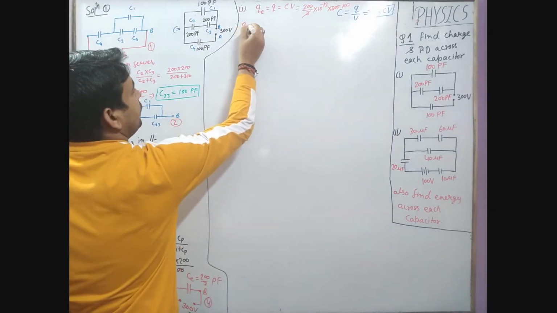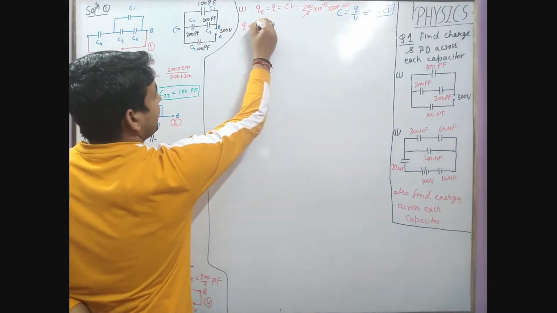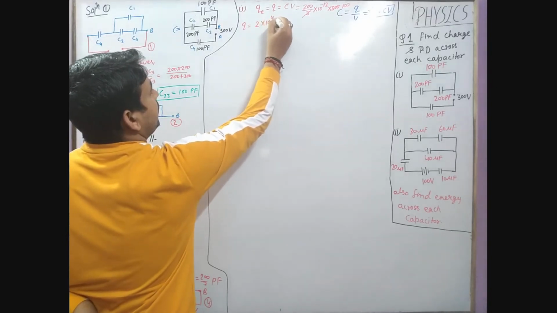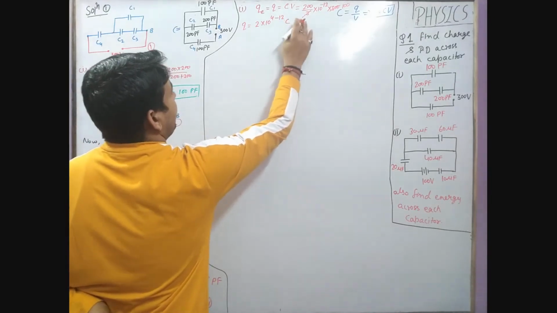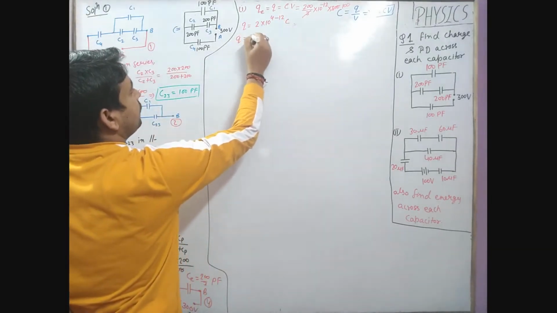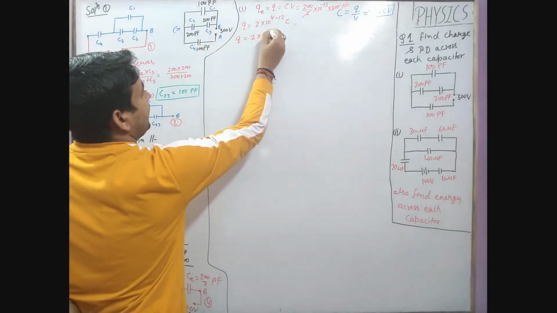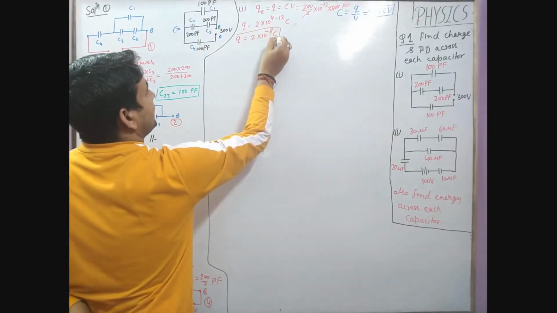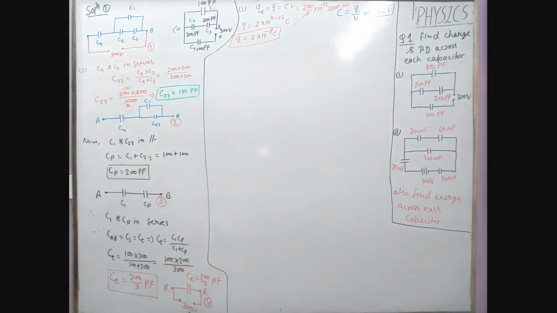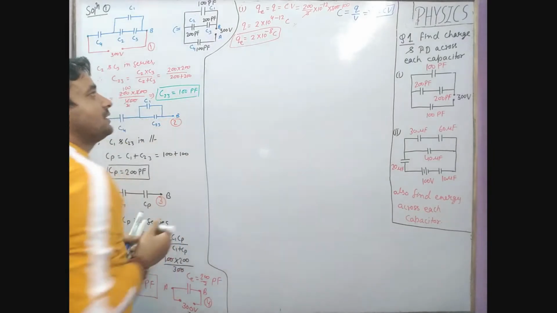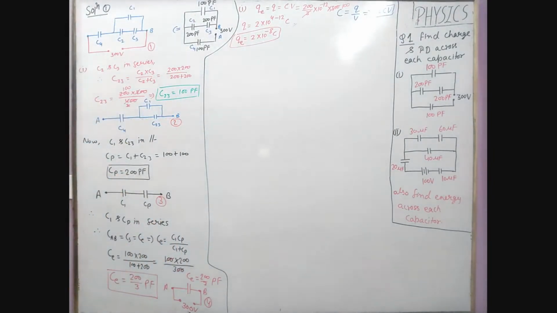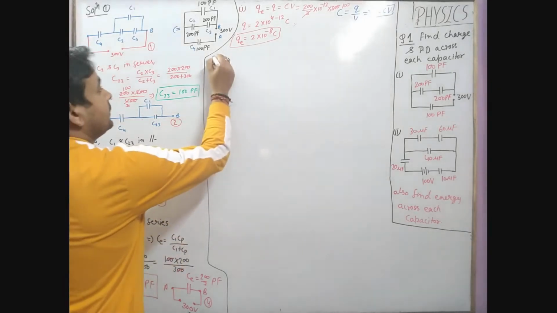This charge Q is equal to 2 into 10 to the power 4 minus 12 coulomb, that is Q is equal to 2 into 10 to the power minus 8 coulomb. This is the charge in the circuit, actually QE, the total charge in the circuit. Now the circuit is at third stage, second.